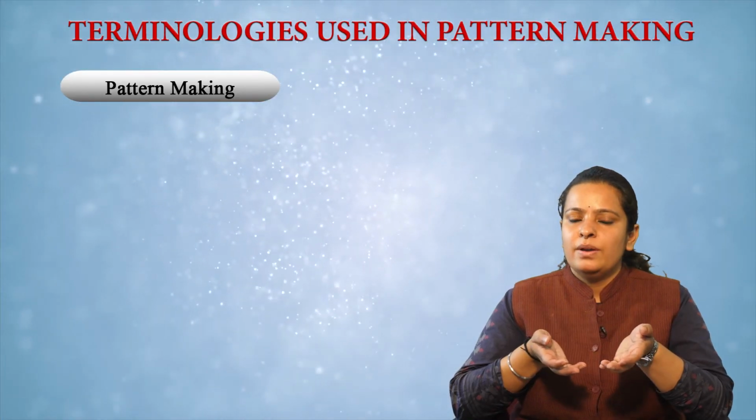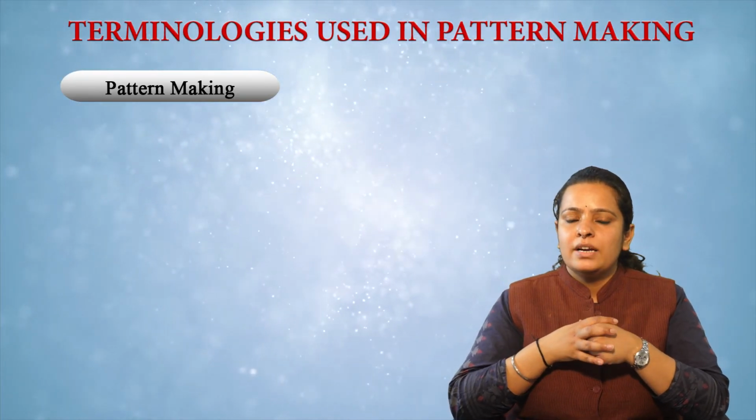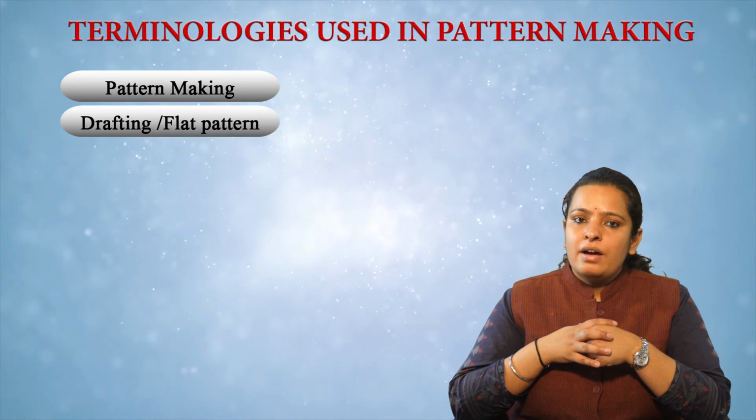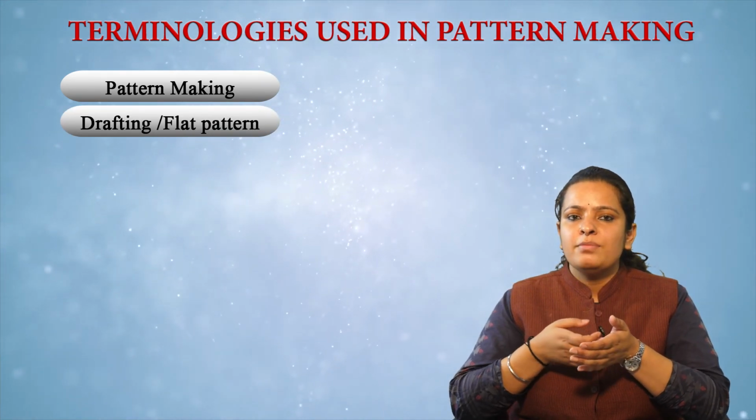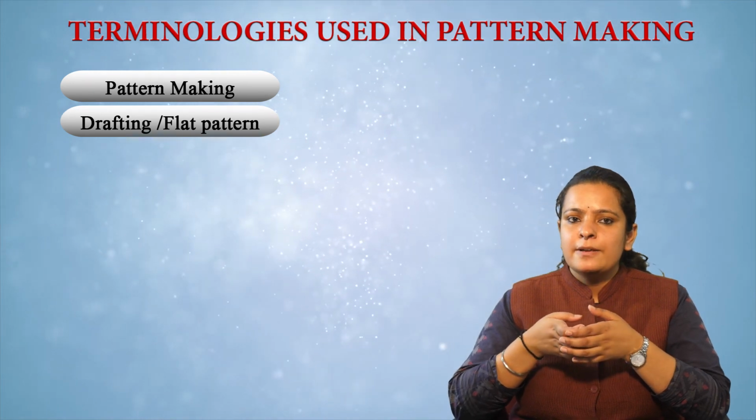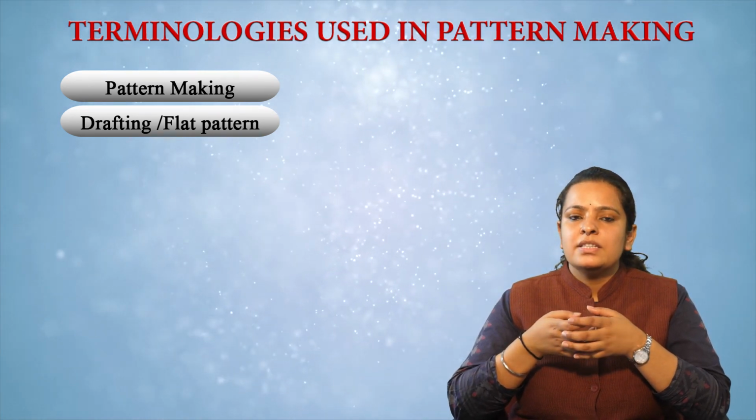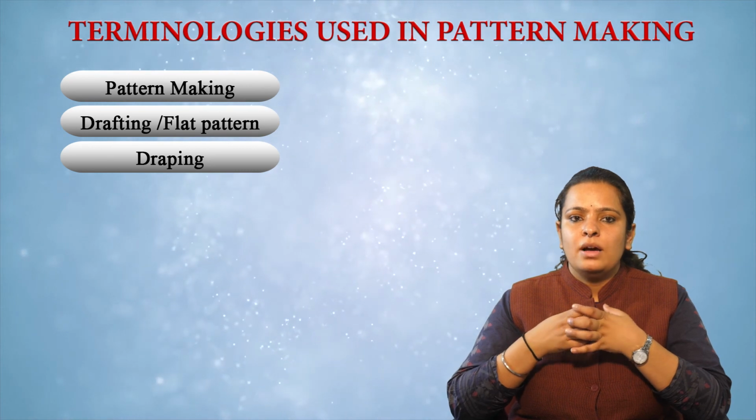The terminologies used in pattern making are, first, pattern making, which we have discussed so much just now. Then drafting and flat pattern, and the basic difference between the flat pattern and drafting methods, we have discussed. Then draping we discussed just now.